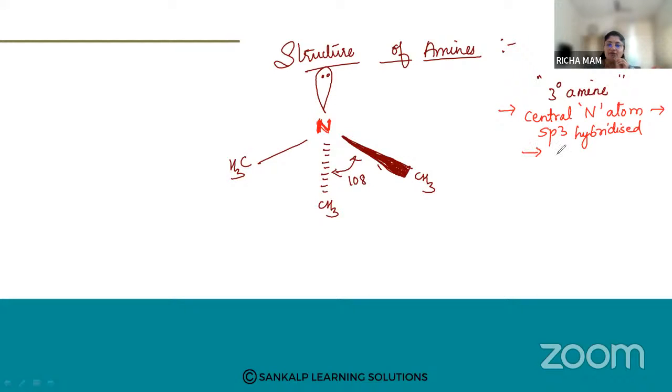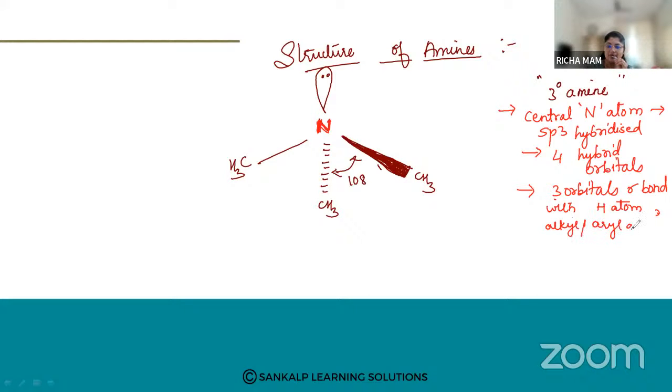Okay, and it will produce 4 hybrid orbitals. Out of these 4 hybrid orbitals, 3 orbitals form sigma bonds with hydrogen atoms, either with hydrogen, or it can be an alkyl group or an aryl group.